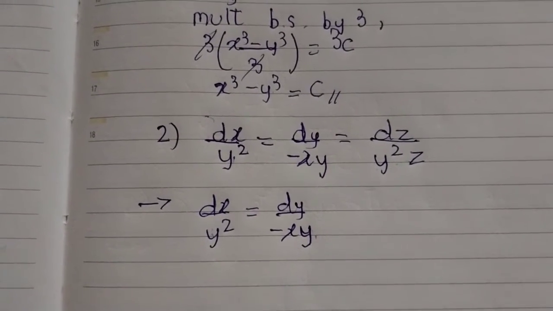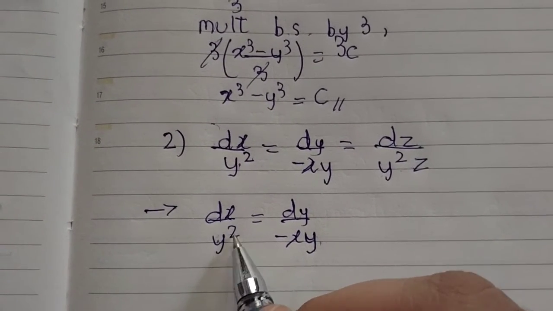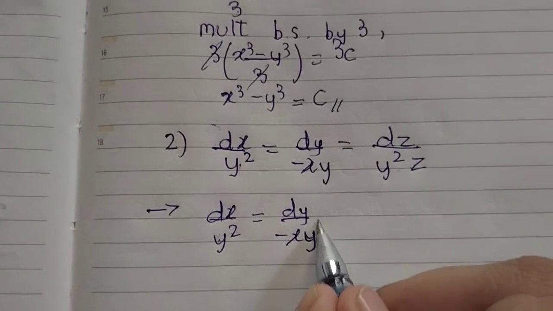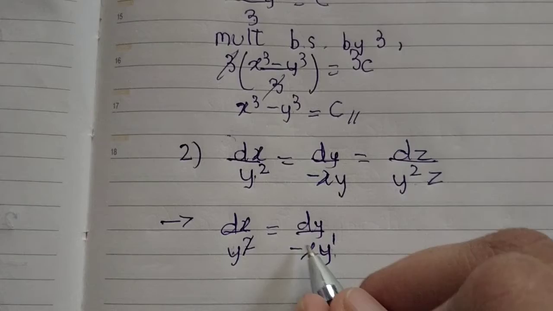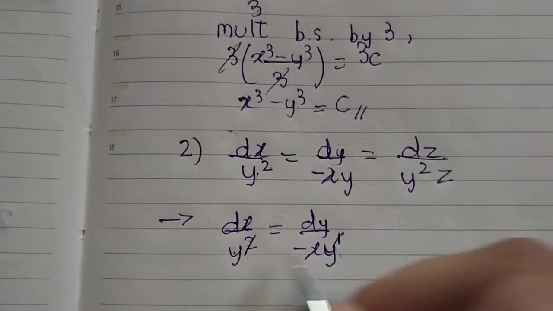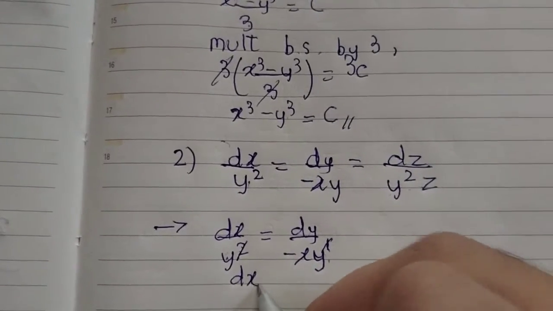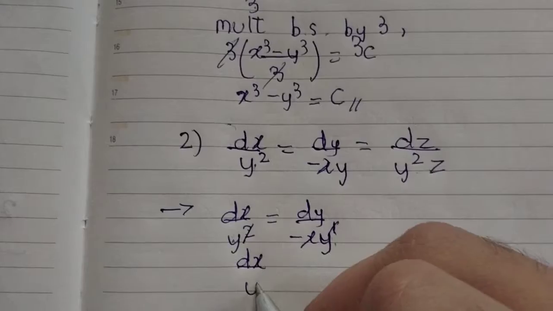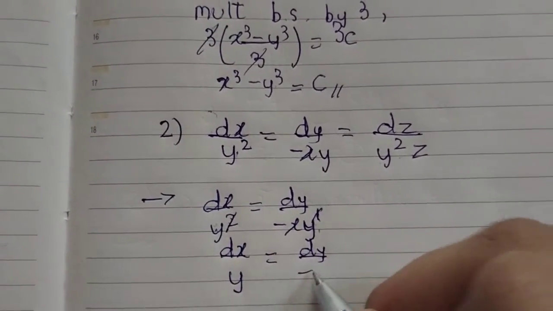So cancelling the y terms: here y is repeated 2 times, y raised to 2, and here y is repeated only 1 time. So cancelling one y with another y, we will get dx by y is equal to dy upon minus x.